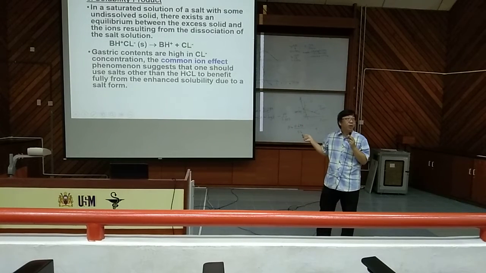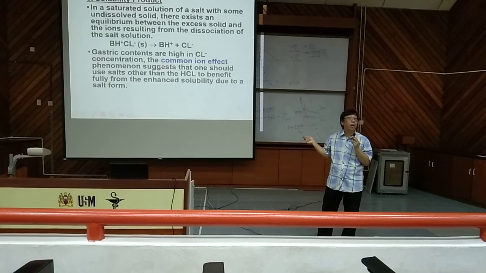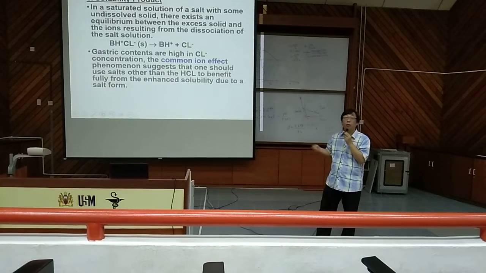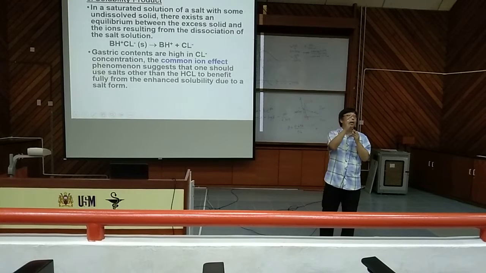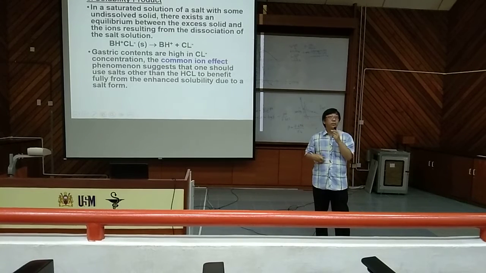Okay, you have come across this term, right? Common ion effect. Have you been exposed to this term? No. Alright. You look at the solubility product. Your gastric fluid is under acid pH, right? Correct? 1.2 to 3. After food, maybe 4 to 4.5, but it's still in acidic condition.